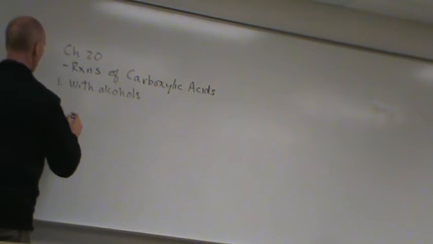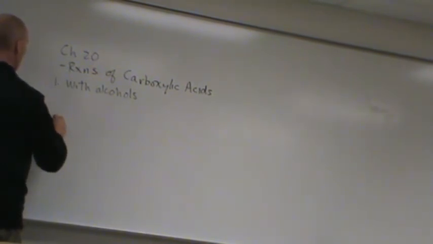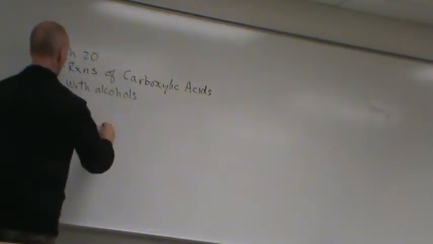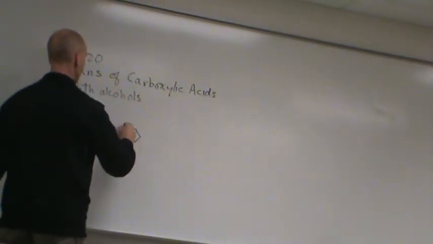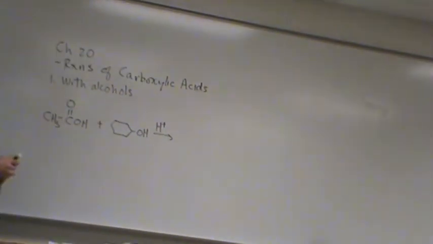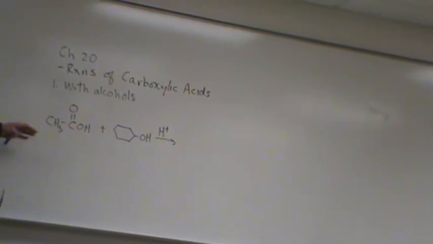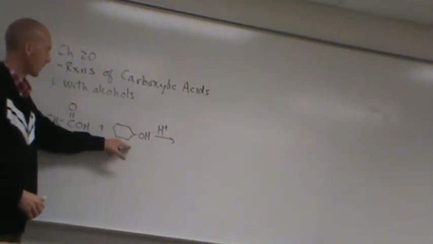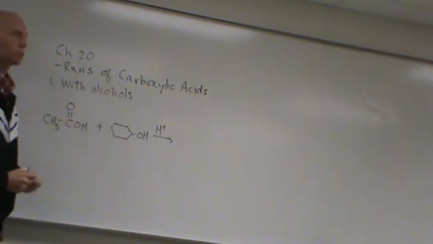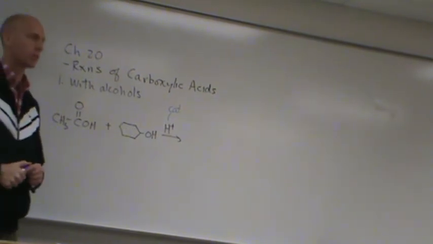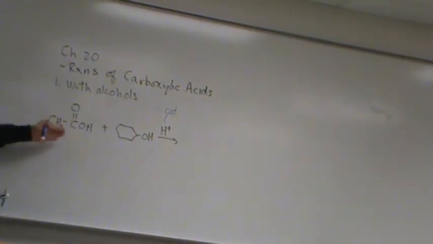What we're going to do is an example here, where we'll take this carboxylic acid, acetic acid, and react it with this alcohol, cyclohexanol, and note that we're using some acid catalyst. Let's see what happens here.